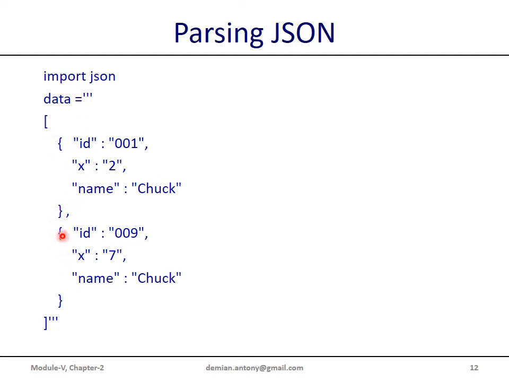Dictionary 1, dictionary 2. So ultimately JSON has a list of objects, where each object is a dictionary containing key and value pairs. This is a key and this is a value. This is the first dictionary object, and this is the second dictionary object, which represents the users, user 1, user 2, and the entire string represents the number of users.